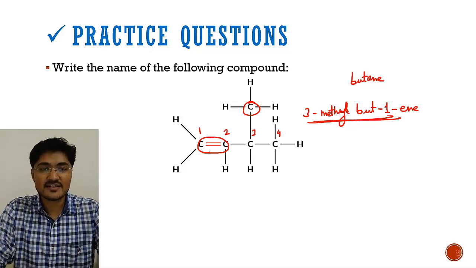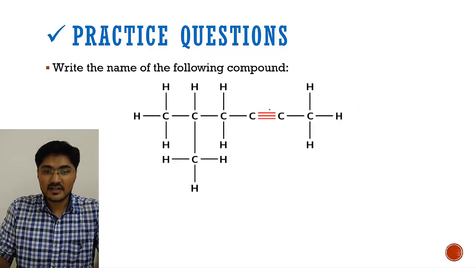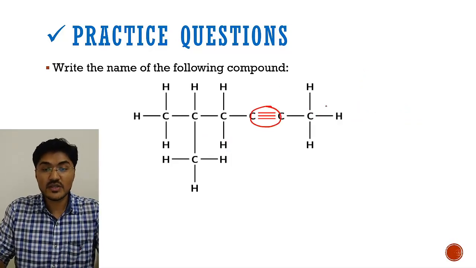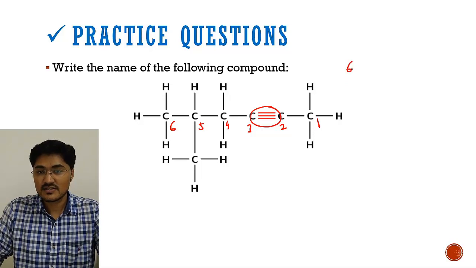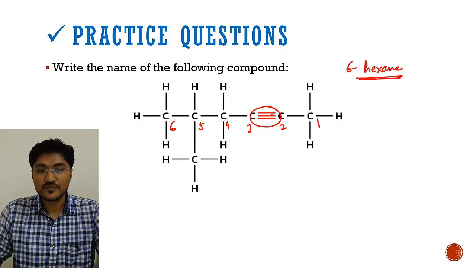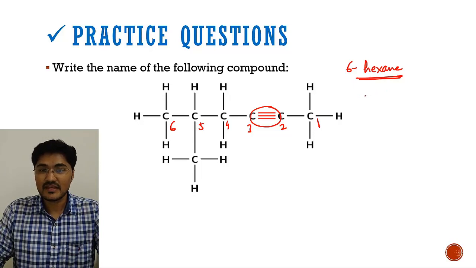Now let's look at the next question. It is a triple bond now, and we have to give the lowest number, so we'll start numbering from 1, 2, 3, 4, 5 and 6. So 6 is hexane, but in case of alkynes we put yne as the suffix.